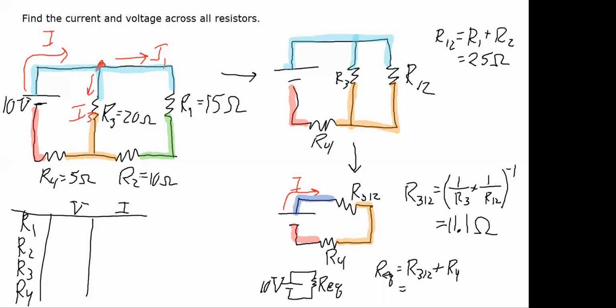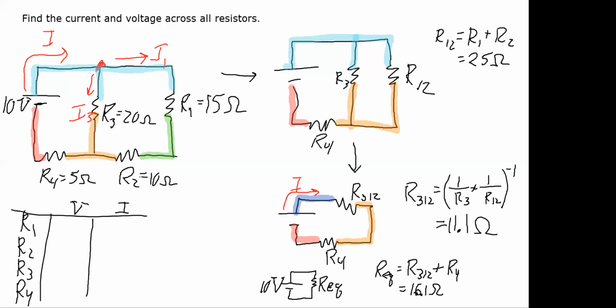So 11.1 plus the, I think I said 5 ohms resistor. My windows are covering up, so I can't see. So it's 16.1 ohms. That is my equivalent resistance.